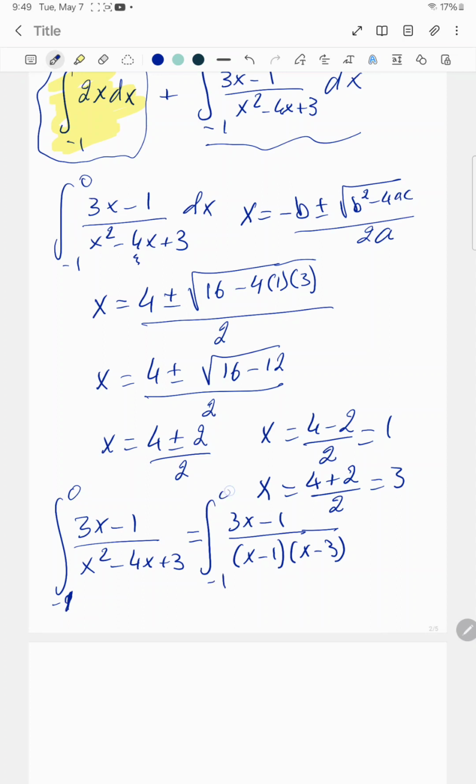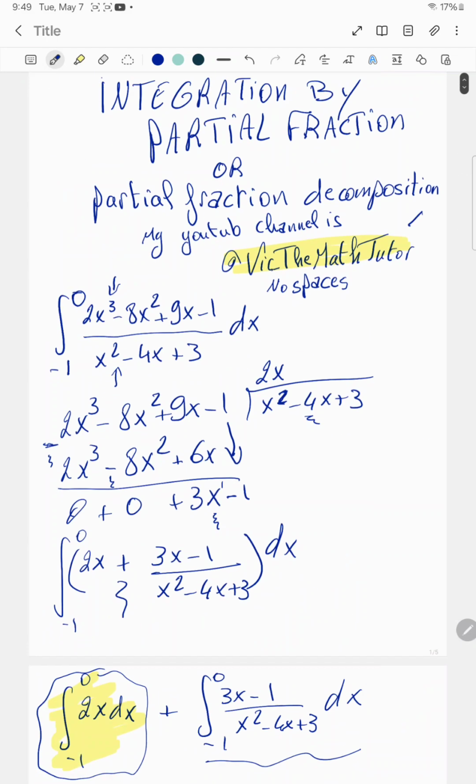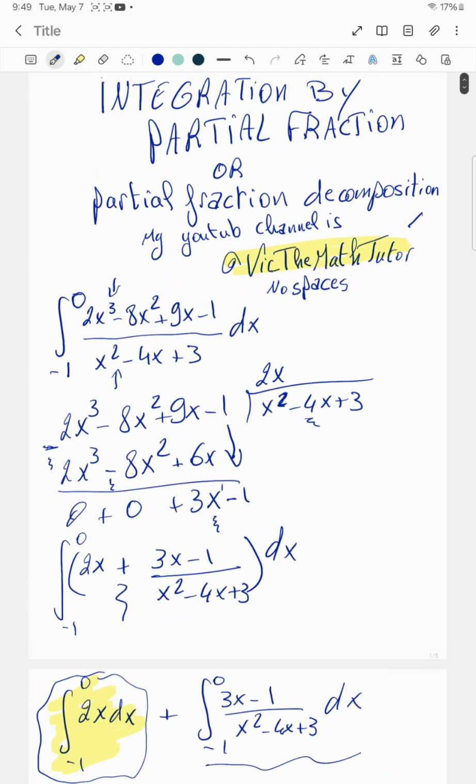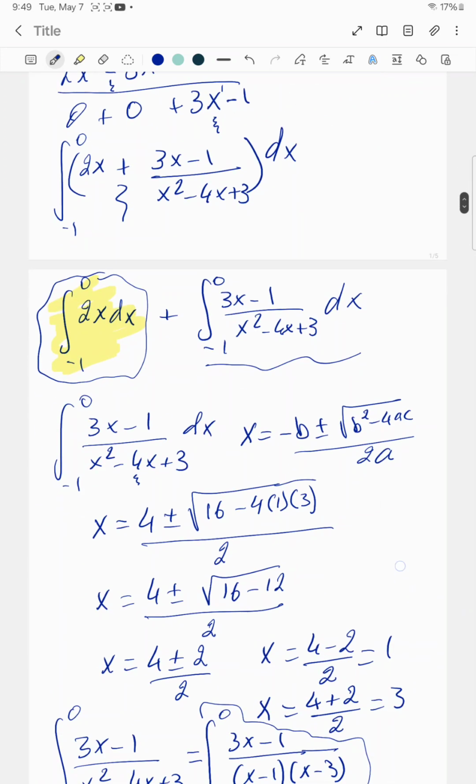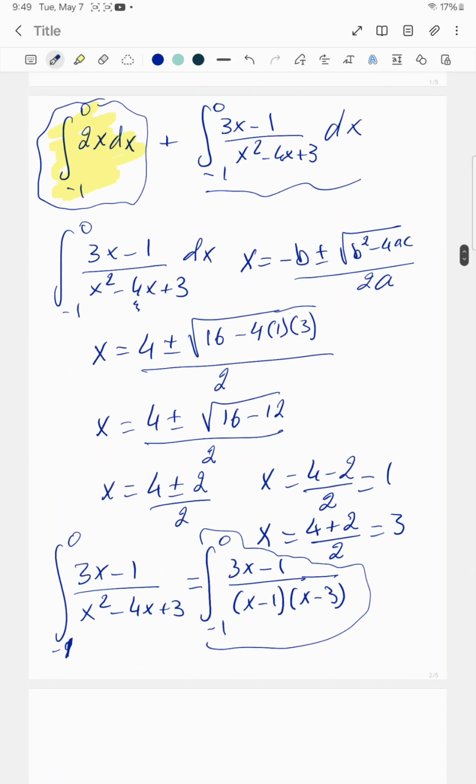Now let's solve this using the integration by partial fraction. Because the degree of my numerator is lower than the degree of my denominator, this is why I'm going to use the partial fraction.